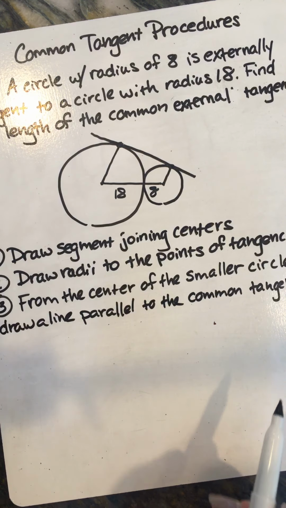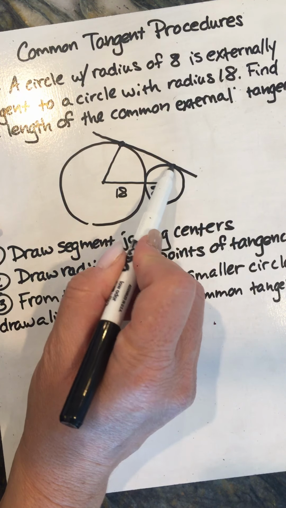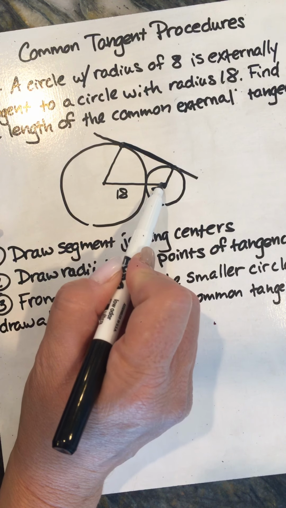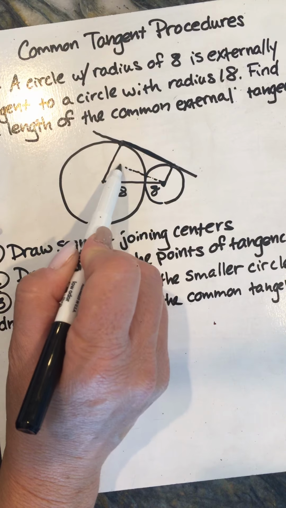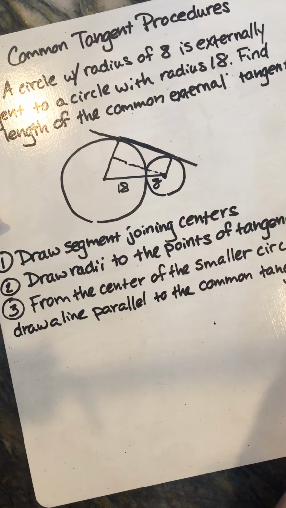This is the hardest part of the whole thing. So from the center of the smaller circle, draw a line that is parallel to the common tangent. Here's our common external tangent. We're going to draw a line parallel. Ready? Here we go. Parallel. Done.